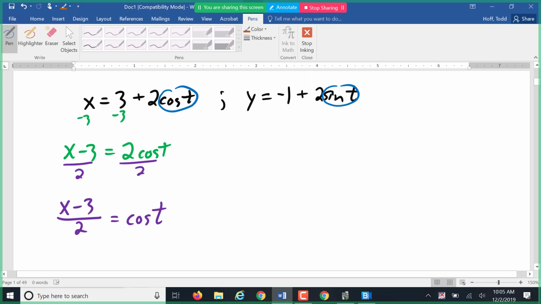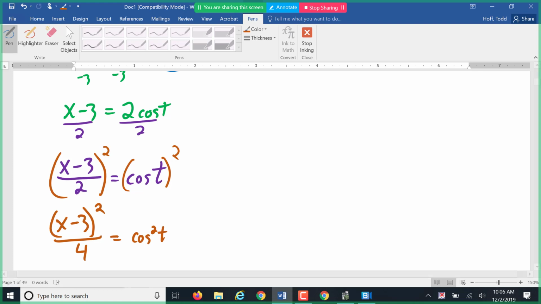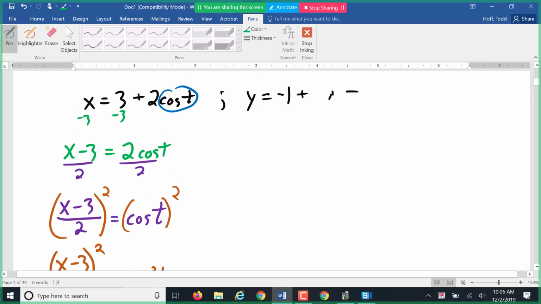We are going to have to square that at some point, so let's do that right now as well. I'm going to leave the x minus 3 squared as just x minus 3 squared, but I will square the 2 to make it 4 equals cosine squared of t. Now let's do the same thing with our equation for y. So to solve that for sine, I'm going to add 1 to both sides. So I have y plus 1 equals 2 sine t.